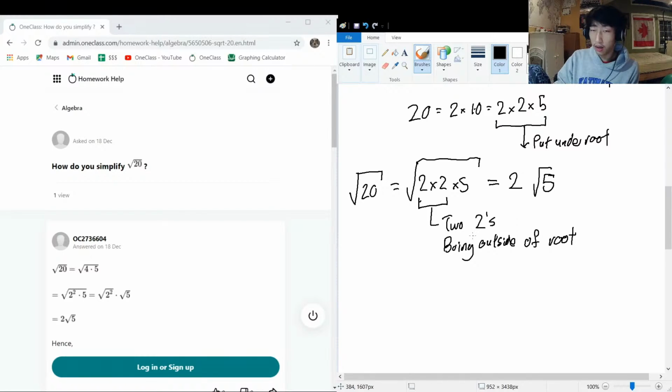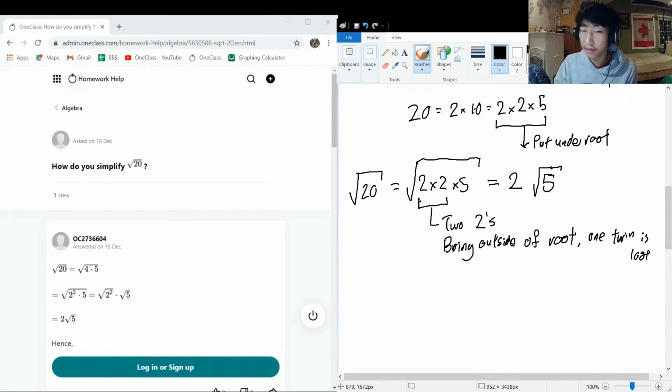So when you find twins under the root, one of the twins is going to disappear when you bring it outside. That's a nice way to think about it. So bring outside of the root, one twin is lost. And this will be our final answer.